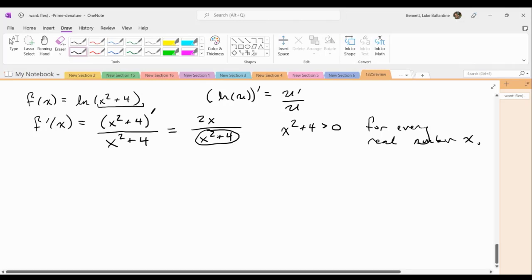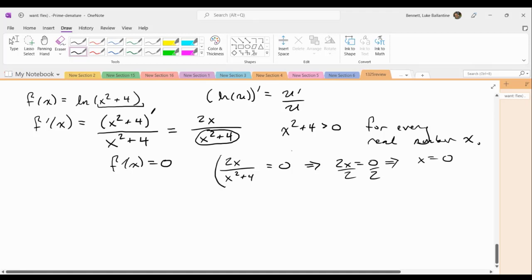So that's good. And so now we just want to find where f prime of x equals 0. We want the x value so that f prime of that x value is 0. Well, we just say 2x over x squared plus 4 equals 0. Well, this means that we have 2x is equal to 0. And this means we have x is equal to 0. We just divide by 2. And then here we just multiplied both sides by a non-zero number. So these cancel.